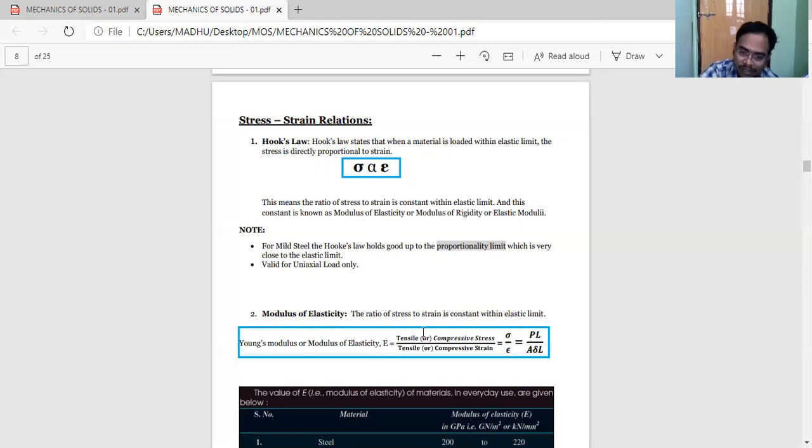It is equal to tensile or compressive stress divided by tensile or compressive strain, where the applied load is uniaxial. So sigma by epsilon equals E. Stress is P by A, and strain is del L by L. So E is PL by A del L, the expression.